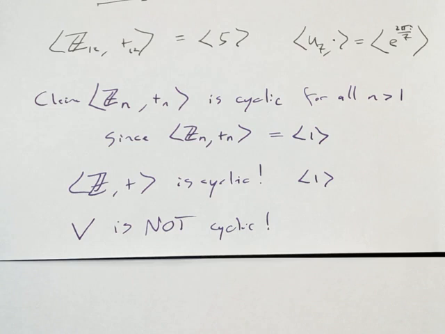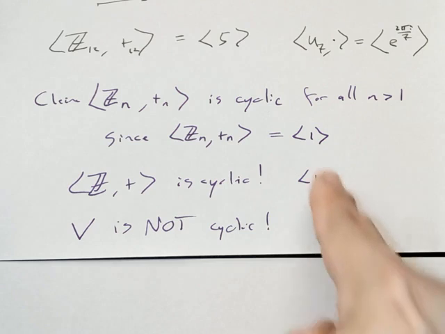U and Z7 isomorphic. Yes. And Zn are isomorphic. The root is generated. And we know Zn has a generator.